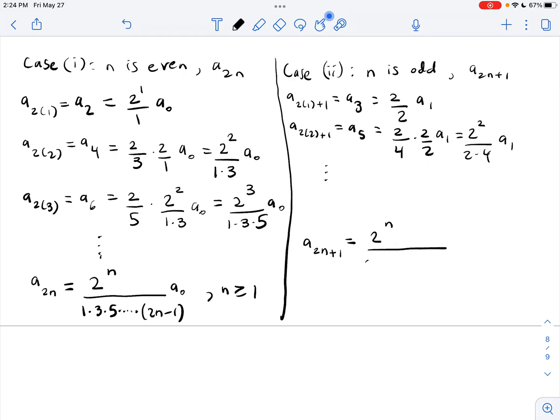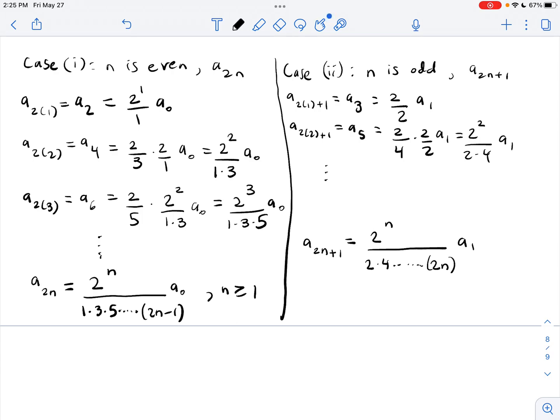And on the bottom we have 2 times 4 times all the way up until, where do we end up? We always end up at 1 less. 1 less is just going to be 2n. Right? Because we're on the 2n plus first term.